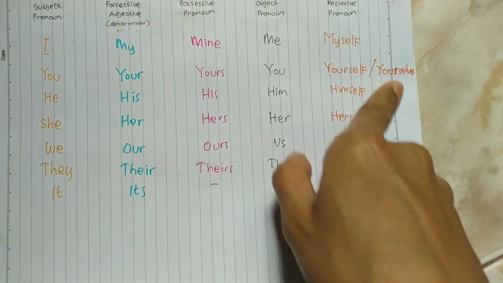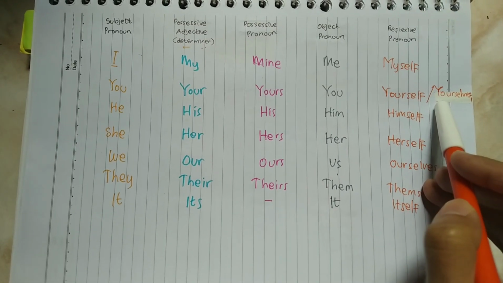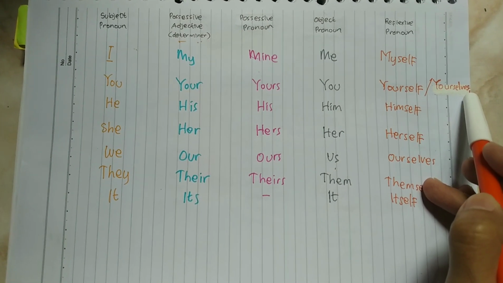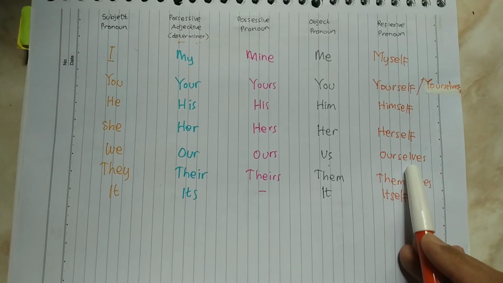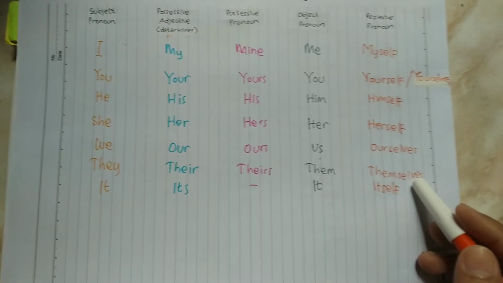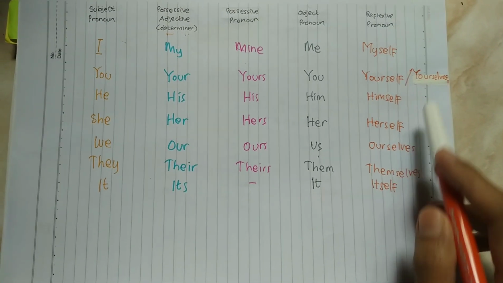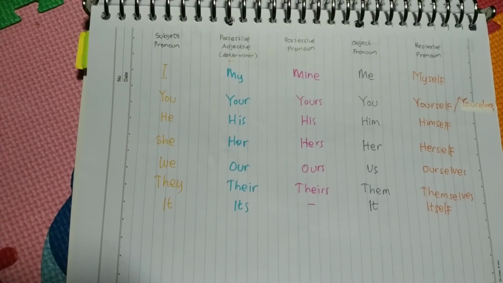I'm gonna fix this. Okay, I fixed this one. Yourselves. With S. So whenever it comes to plural, self becoming selves with V. Okay?